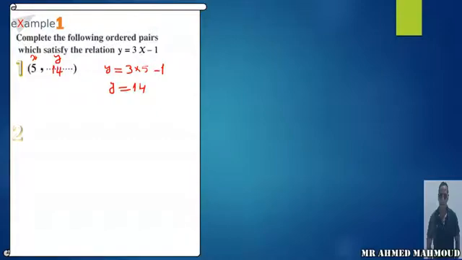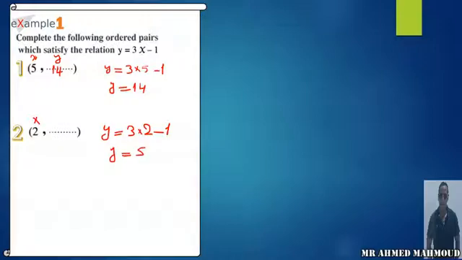Another one: if x equals 2, then I will put 2 in place of x here. Then y equals 3 times 2 minus 1. Then y equals 3 times 2, 6, minus 1, 5.